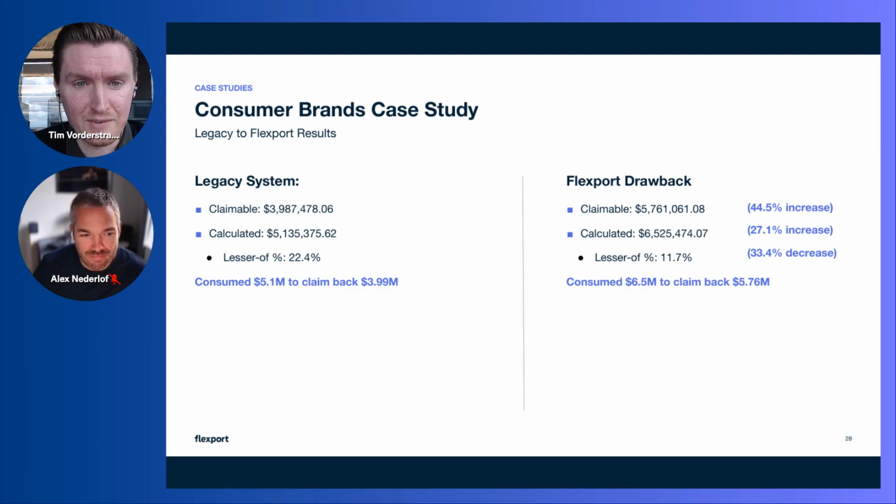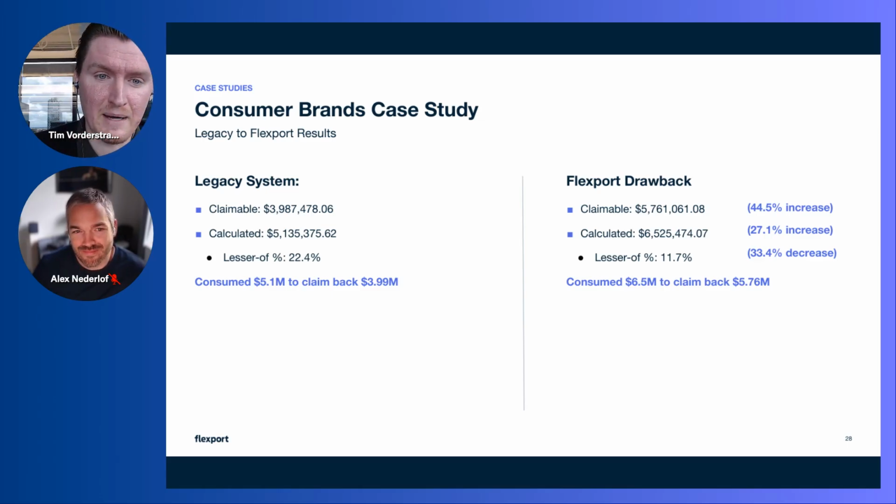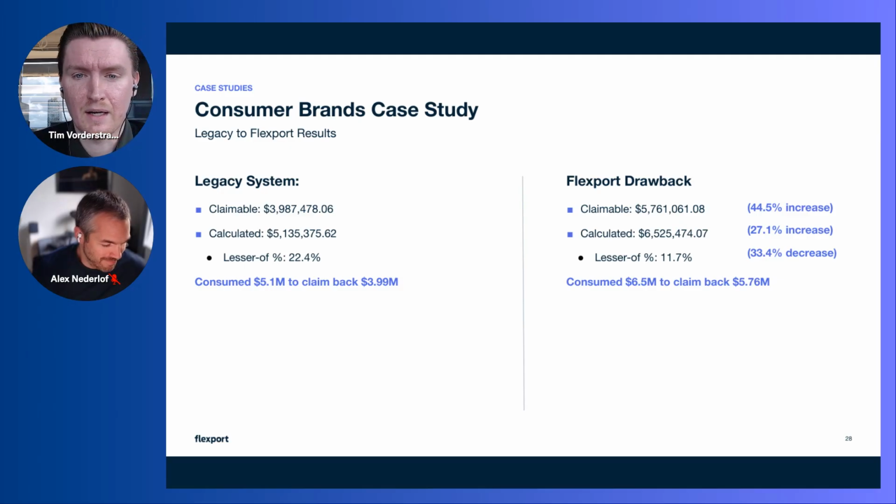So not just were we able to get more in claimable duty than the legacy software could match at a calculated, we were able to really improve their refund by about 45%. And so the lesser of implication went from 22.4 to 11.7. So we consumed 6.5 million to get back 5.7, which is a pretty big boost.